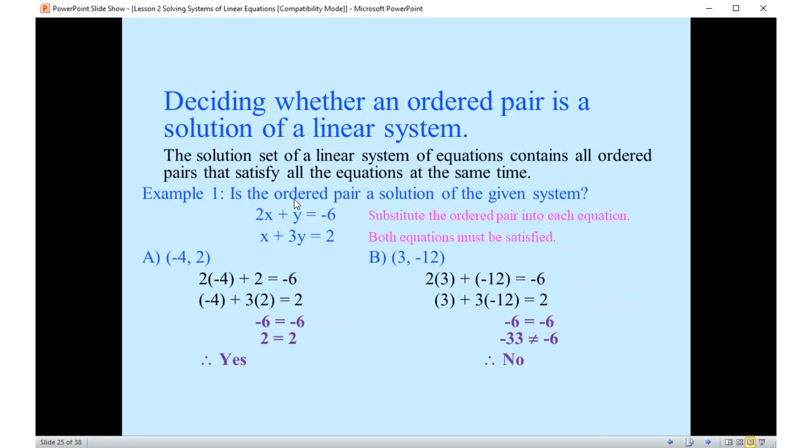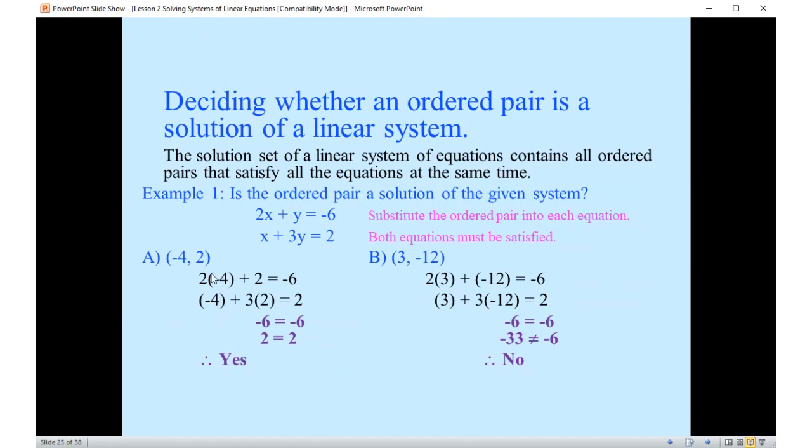Okay, if you want to decide whether an ordered pair is a solution of a linear system, all that you have to do is substitute each point into each equation to see if it's a solution. So if you want to know if negative 4, 2 is a solution to this system, you plug it into each equation. You look on the left here, negative 4, 2 works in both equations, so it is a solution.